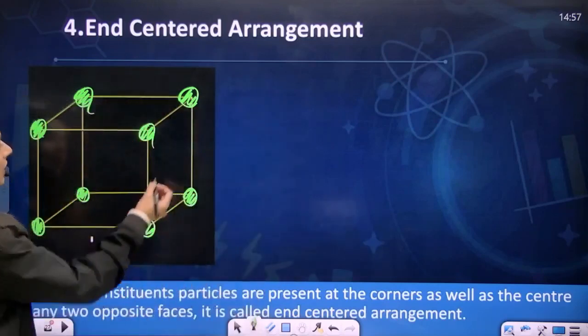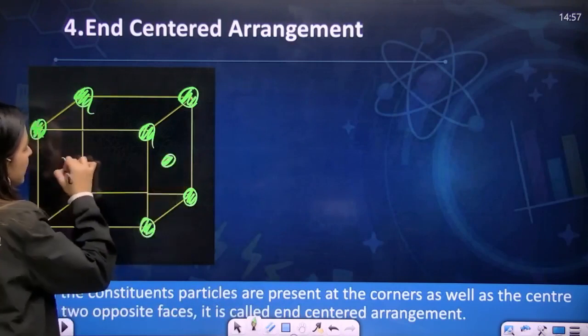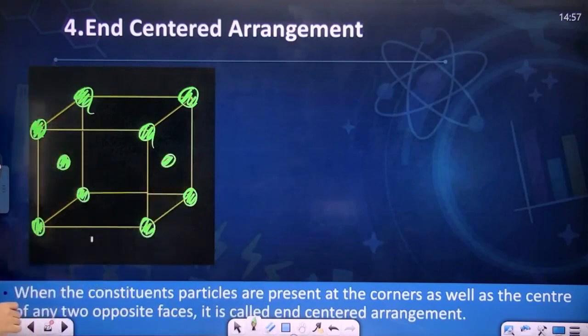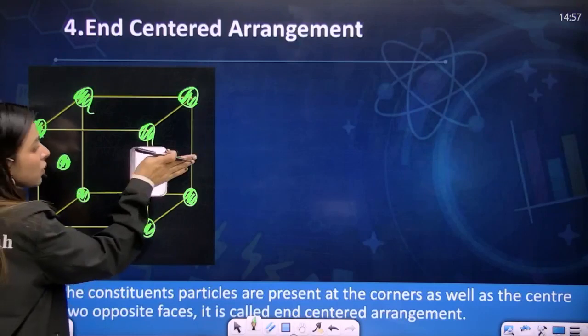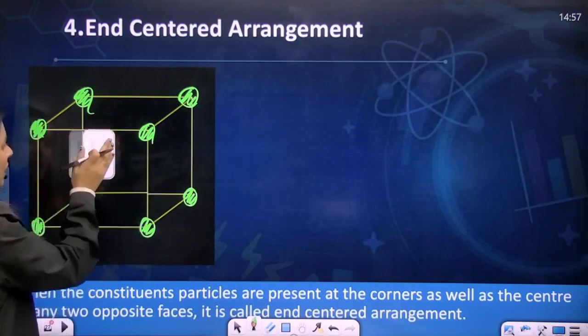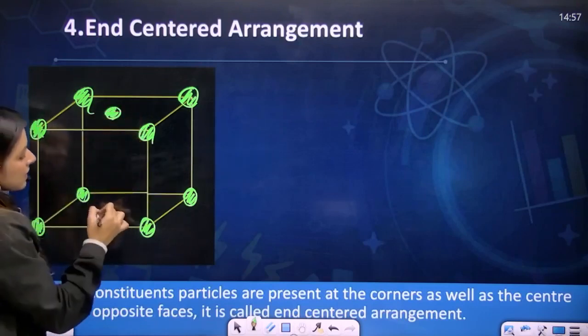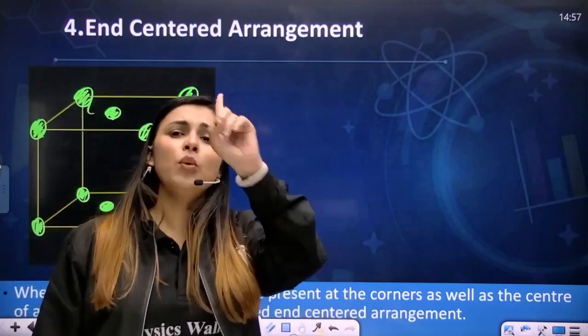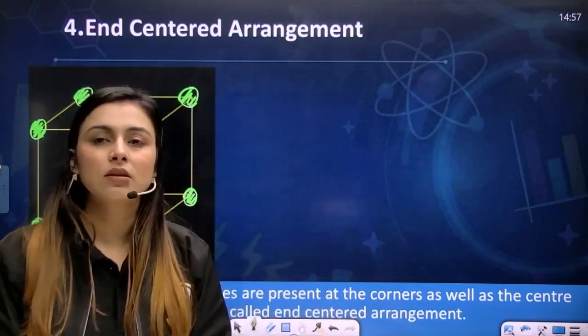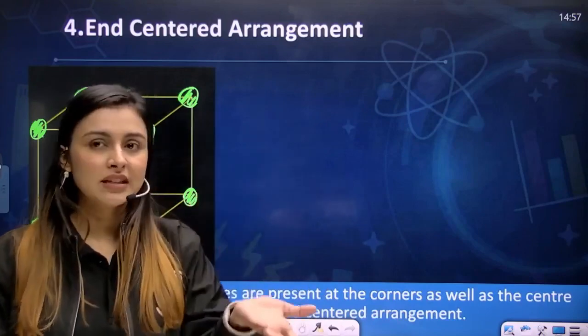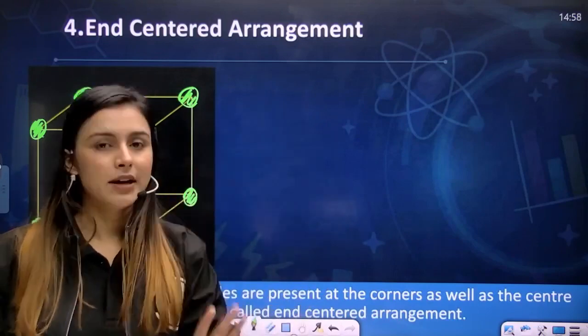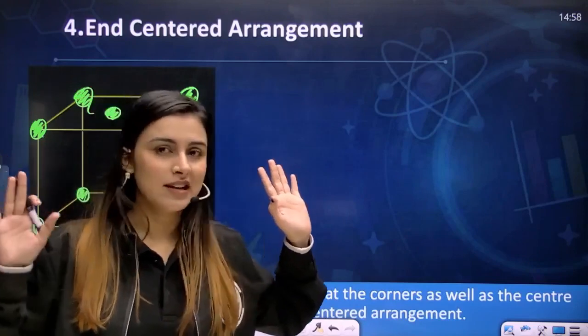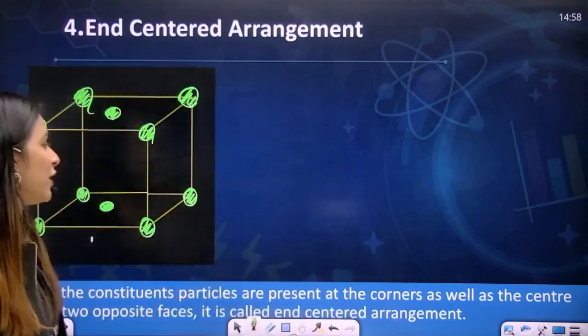This means that let's take these opposite faces, then only on these opposite faces the atoms could be present. Any one pair of opposite facing faces center atom can be arranged. Okay, just make a sentence out of it. Okay, I hope you're clear with this.